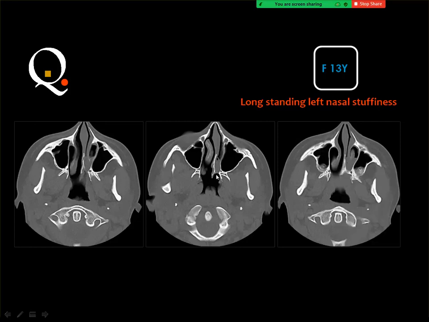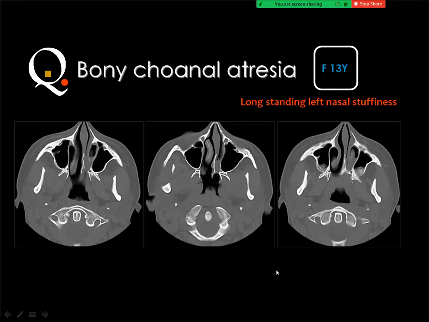And you know that the posterior choana is obliterated by bone. You have two types of choanal atresia, the soft tissue atresia, where you got a membrane obstructing the posterior nares. But if the obstructing lesion is bony, you got bony atresia of the choana. Choanal atresia may be unilateral or bilateral, soft or bony types.